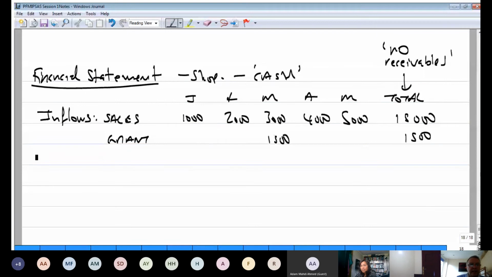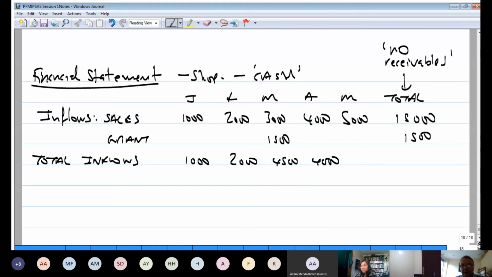So we can see our total inflows: 1,000, 2,000, 4,500, 4,000, and 5,000. And that should equal 16,500.